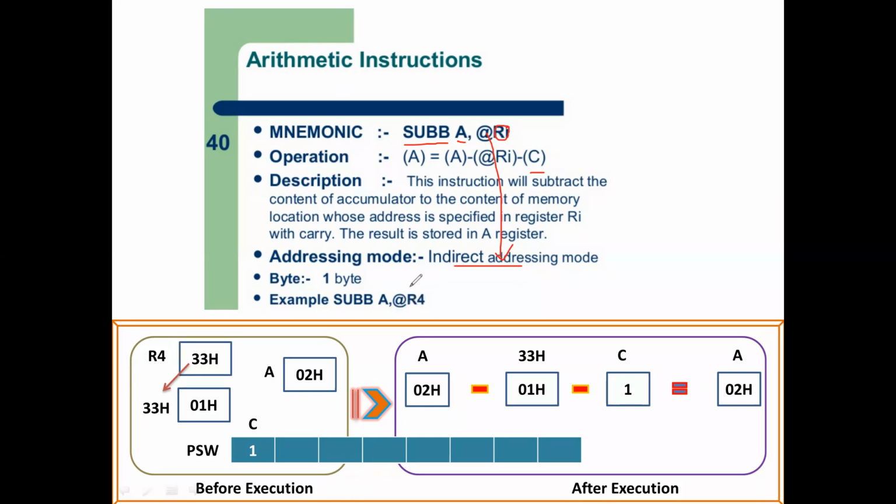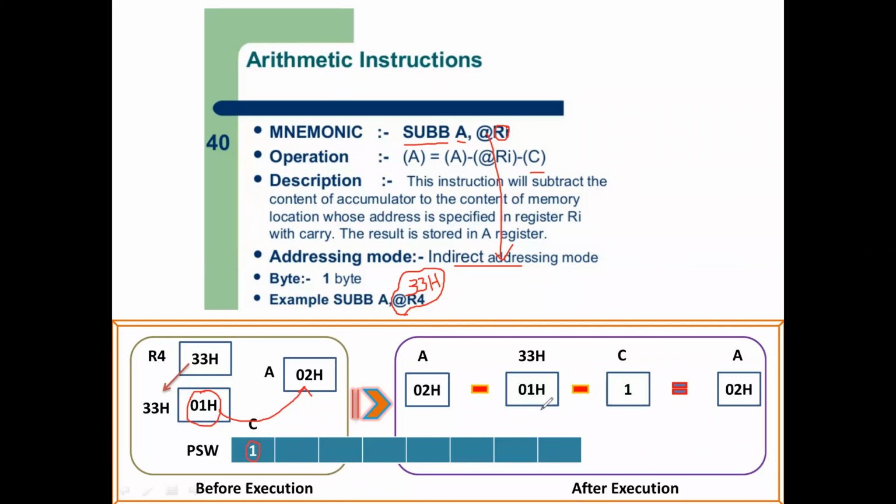In the sense, R4 has the data 33H. So you have to understand that 33H is the address. At 33, what is the data? This is my data. This data is subtracted from the accumulator, with carry.